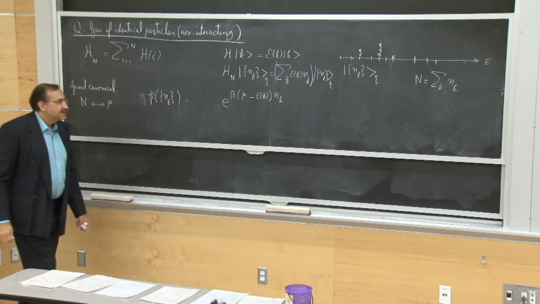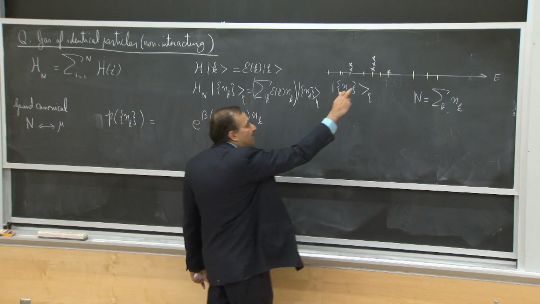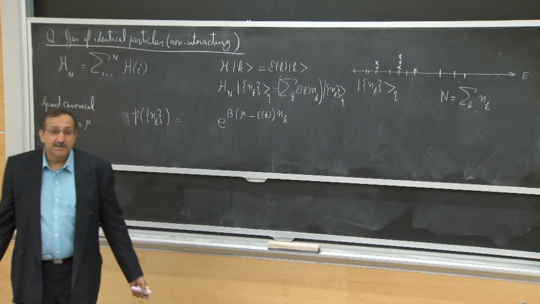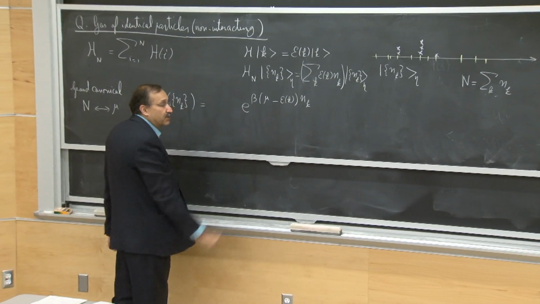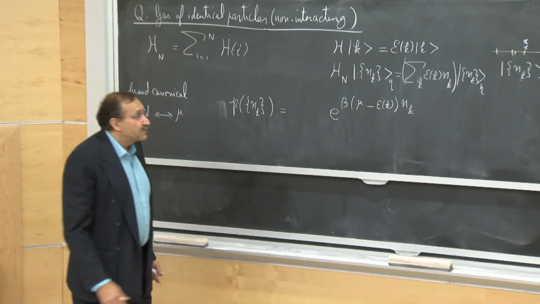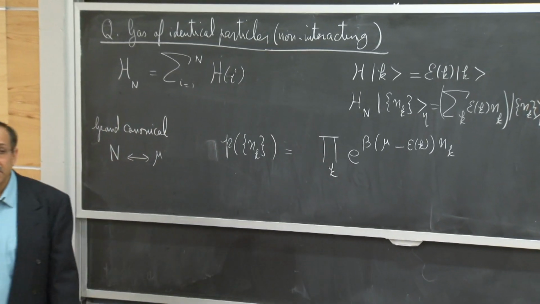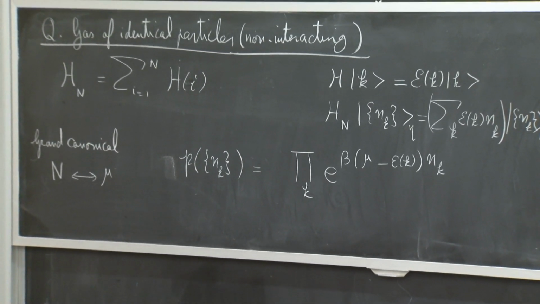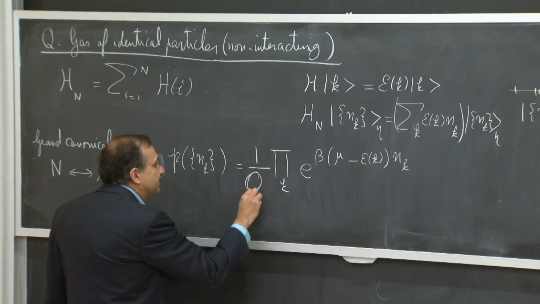So the probability that a particular one of these is occupied nk times in this grand canonical prescription is simply an exponential. Now, of course, the different k levels are completely independent of each other, so the probability factorizes in this fashion. Of course, as any probability, we have to normalize this.